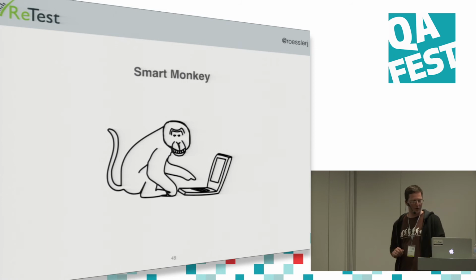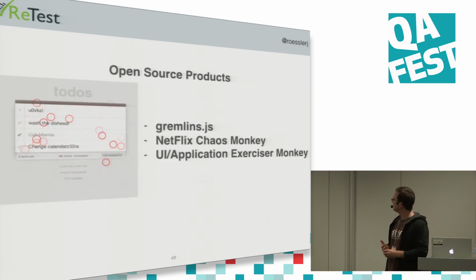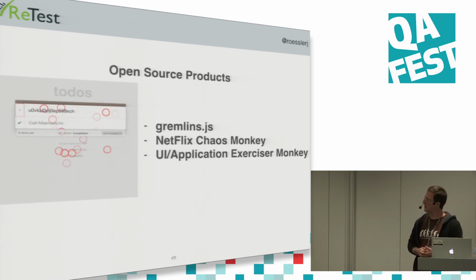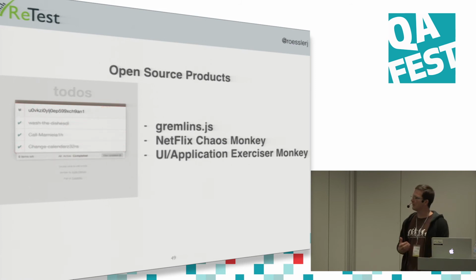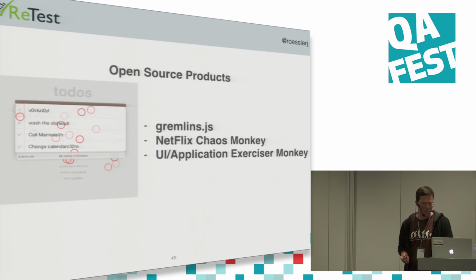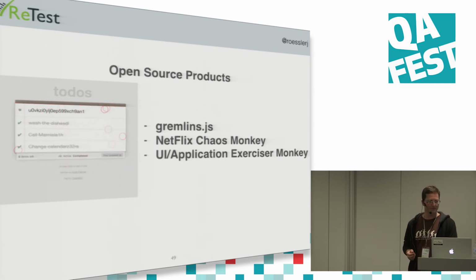And there are already open source products for the dumb version of the monkey. For websites, it's Gremlins.js. For services, it's Netflix Chaos Monkey. And if you have an Android app, it's UI Application Exercise Monkey. But those are basically dumb monkeys. But still, it's a start.